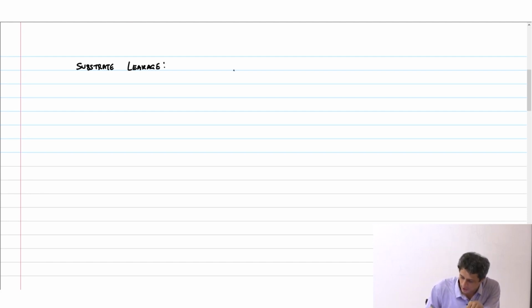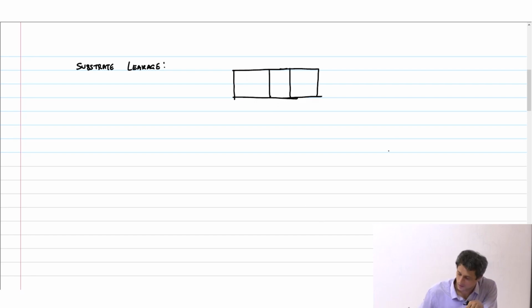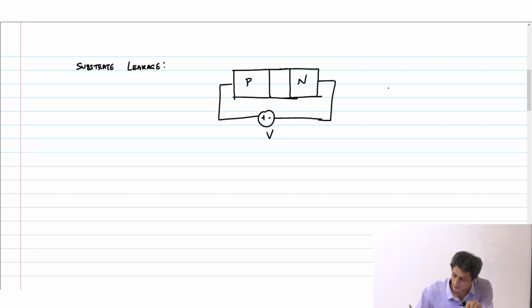Before we go into substrate leakage, if you have a simple PN junction, this is P and this is N, and I apply a voltage like this, then the current through the PN junction is some I naught e power QV by NKT, similar to what we had for subthreshold leakage.